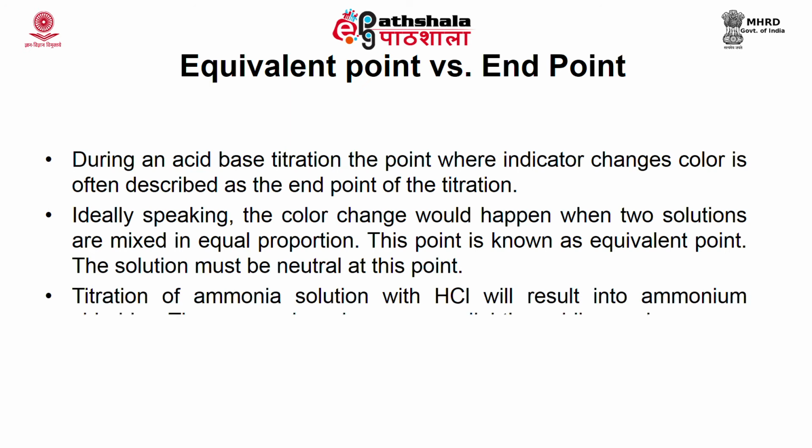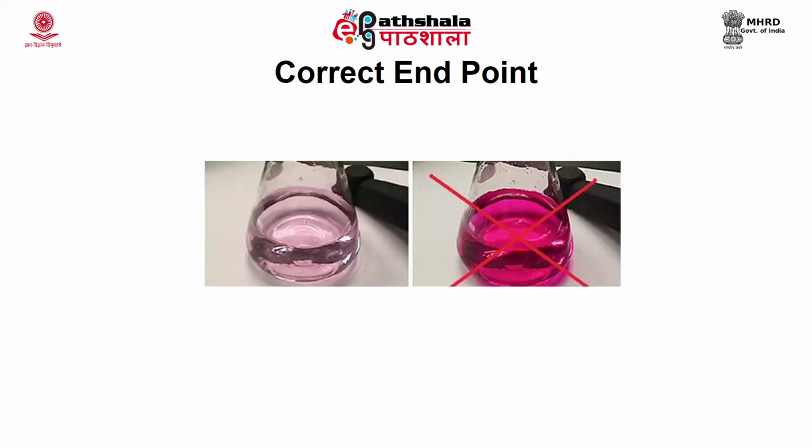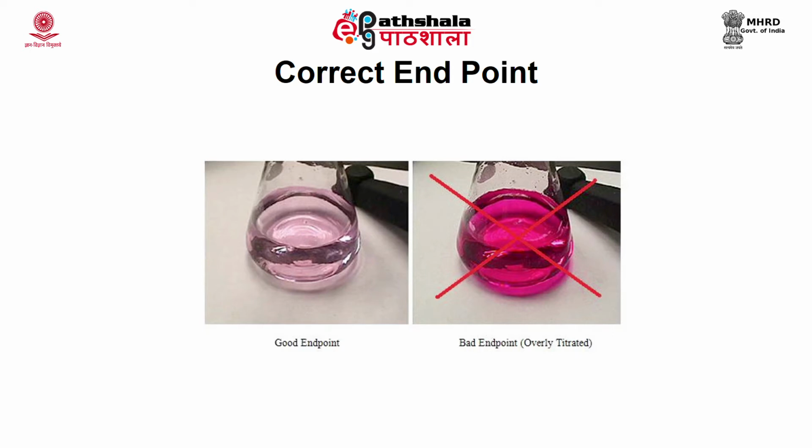For example, in the titration of ammonia solution with HCl, this titration will result in ammonium chloride. The ammonium ions are slightly acidic, so pure ammonium chloride is slightly acidic at the equivalence point. Titration errors with indicators. There are two types of titration error in acid-base indicators. Determinate errors occur when the pH at which the indicator changes color differs from the pH at the equivalence point.